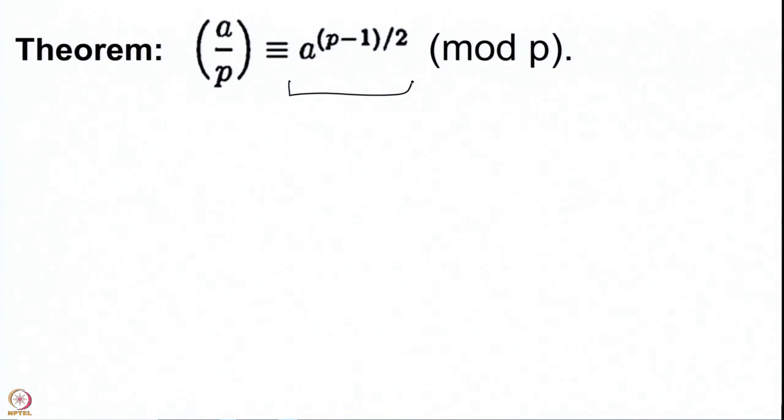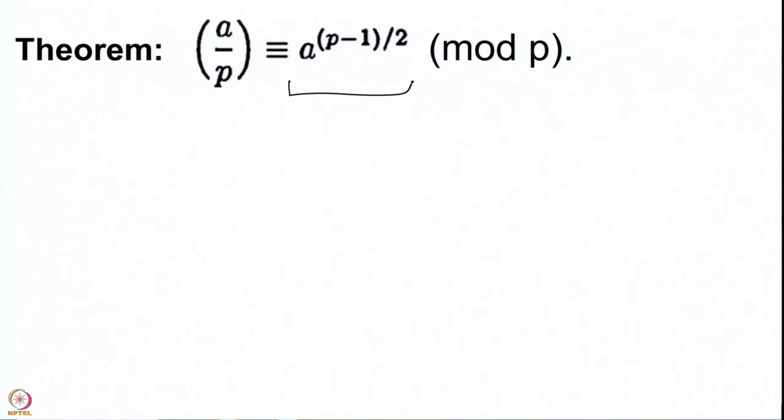So, all we have to do is compute this power of a, go modulo p, and then we are done. If you were to compute the Legendre symbol of a number a modulo some moderately high prime, you would have to only compute this particular power, which is not a very difficult thing for a computer to compute.